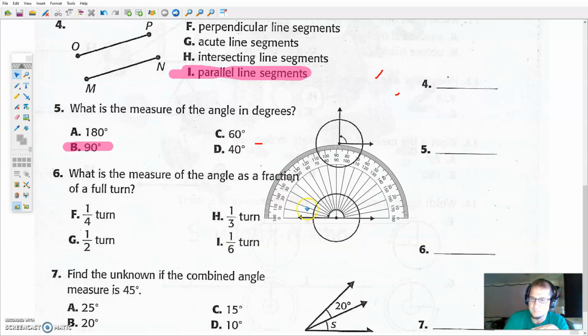But we can also tell, just looking at this, that from one side to the other side is exactly half of the circle. So this would be a 1/2 turn.